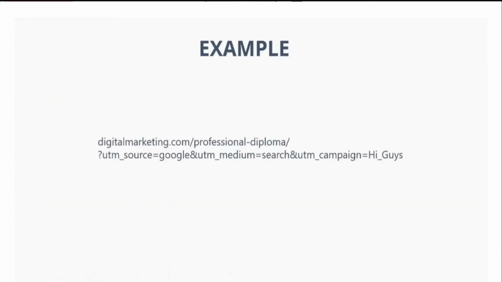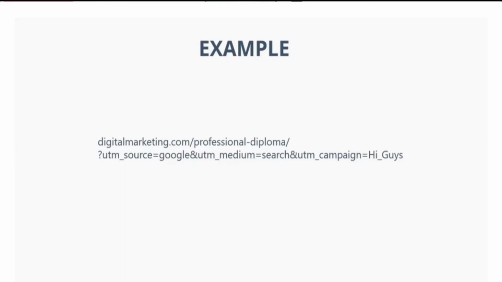So here is an example of a URL with a UTM appended to it. At the top there, we have the URL, which is digitalmarketing.com/professional diploma. Then if you see the question mark and UTM, that's where it starts. Then we have the source, which is the first element, and that's Google.